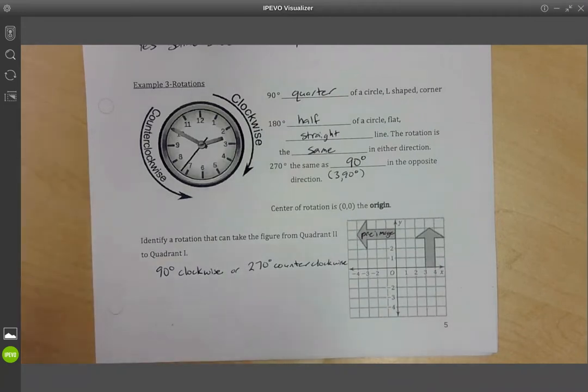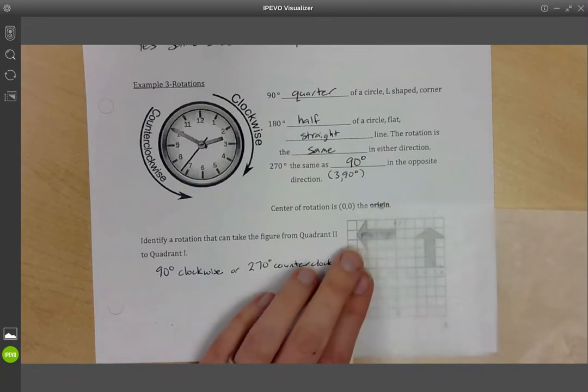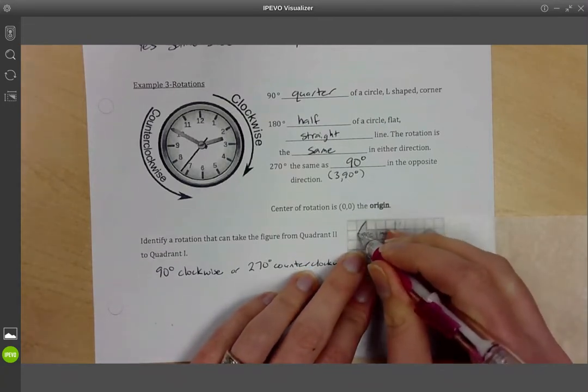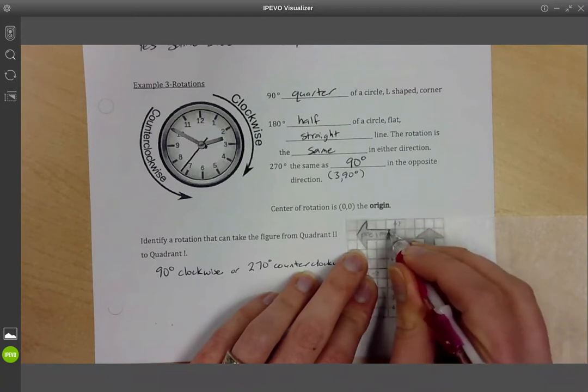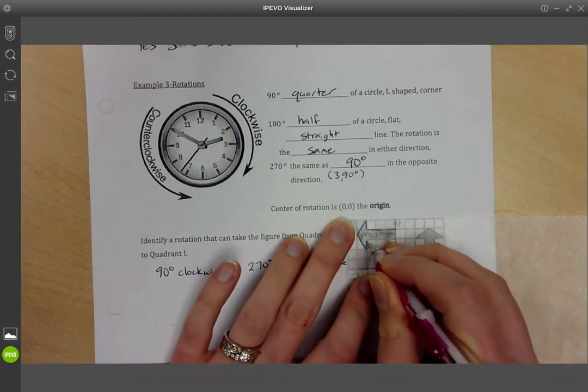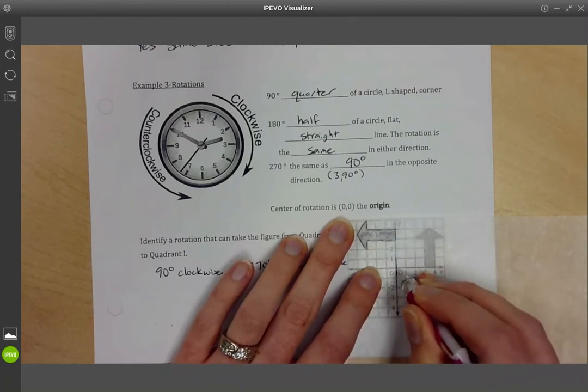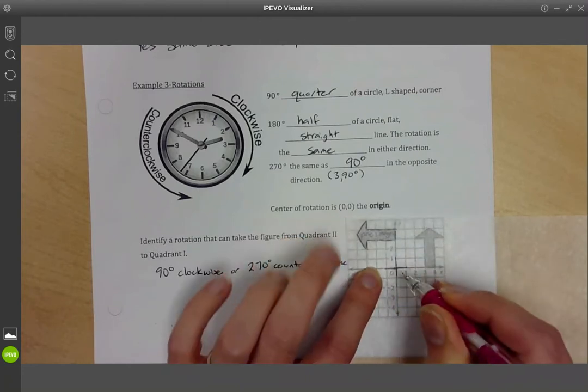We can use our patty paper to test out rotations as well. Patty paper is not just for reflections. So if we weren't sure about what style of rotation that was, we could draw it in our pre-image and make sure to draw in your origin so you know what you're turning around.